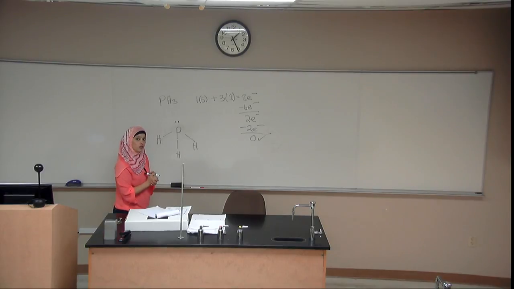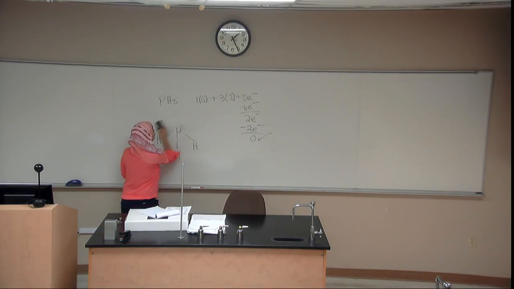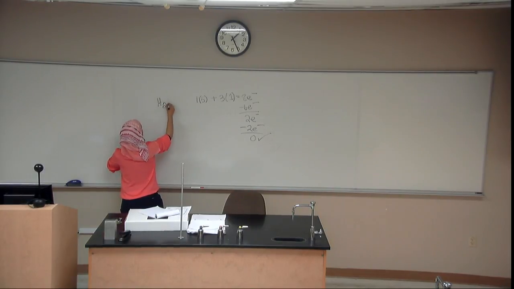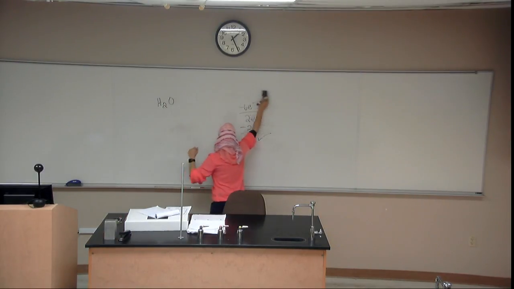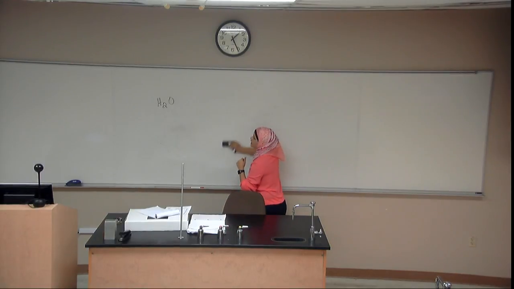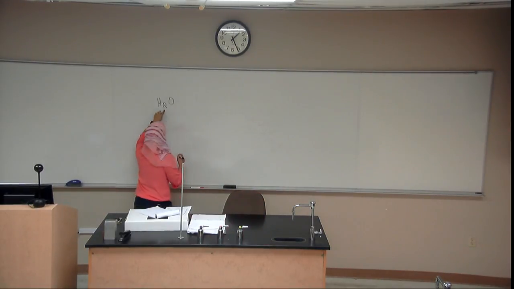Let's do another example. Let's do H2O, which is water, right? And I'm going to do the same thing. I'm going to count how much money I have. I have 2 hydrogens, correct?